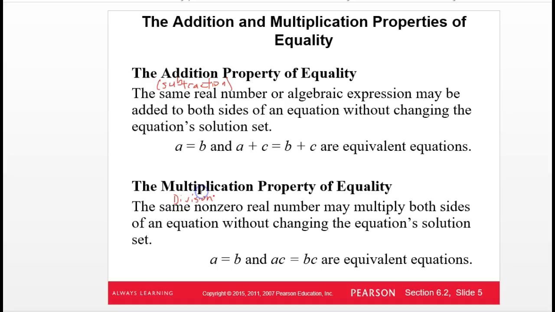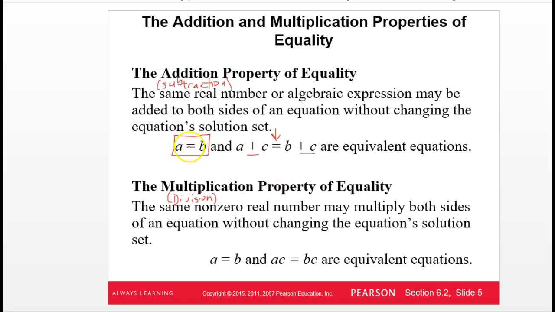So what these properties say is, if you have two things that are equal, then we can add the same thing to both sides and it stays equal. So the important thing here is the equal sign stays true.